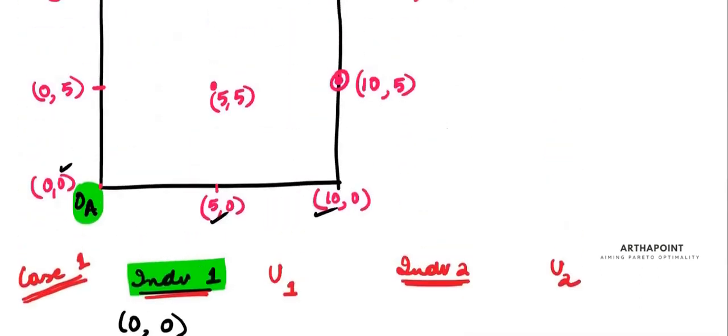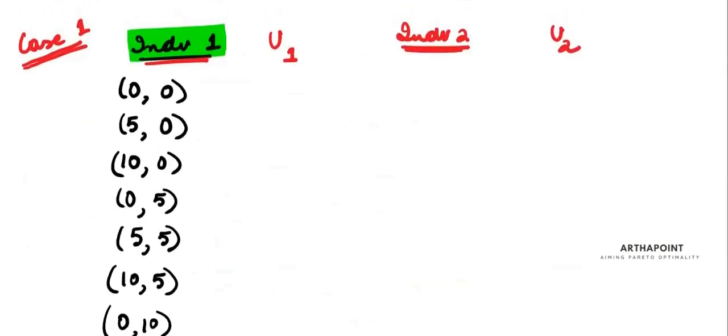He can have 0 units of good 1, 10 units of good 2. 5 units of good 1, 10 units of good 2. And 10 units of both. This is what his points can be. He can have anything. Once he has entered the market, he can have any of these points. Anything which is within the Edgeworth box.